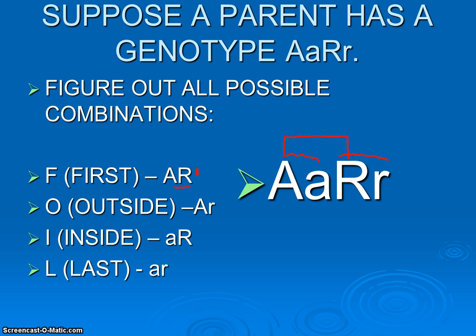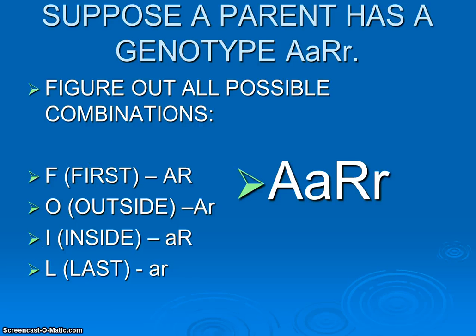O for outside. I could pass on that A with that R, my two outside alleles. There's another option. Inside alleles right here. Little a, big R. Or L for last. My last A and my last R. There's my other option. So notice that I have four different options here that as a parent I could pass on if this were my genotype. Remember, I give one copy of each gene and it's totally random. We can't forget that.